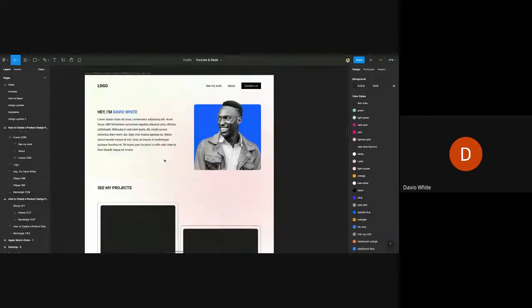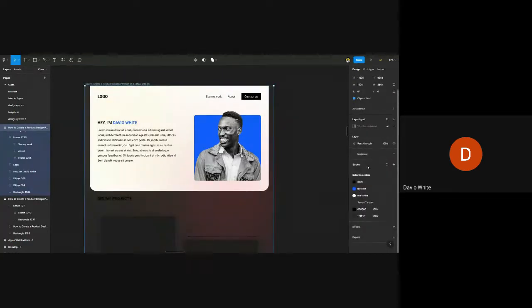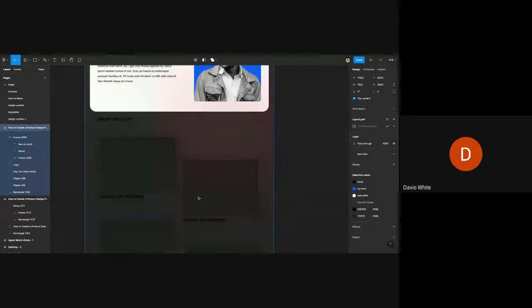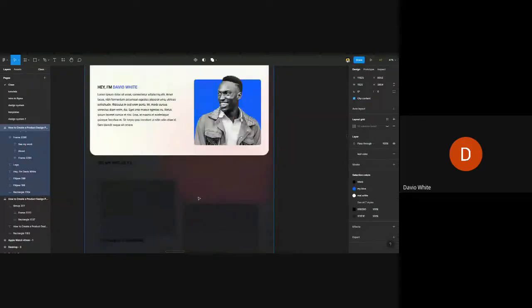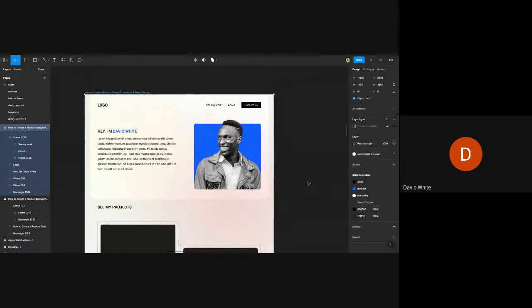And then for the background color, I'm going to change the color of the background to not this color, not this color. I'd like to do a shade of blue. Let's see, something like off-white.